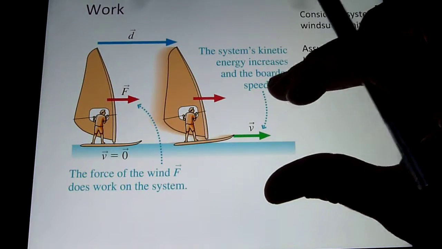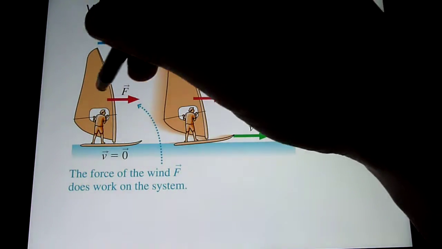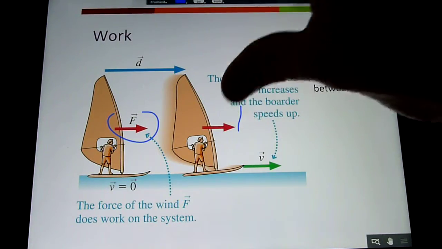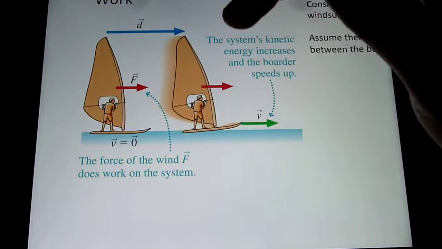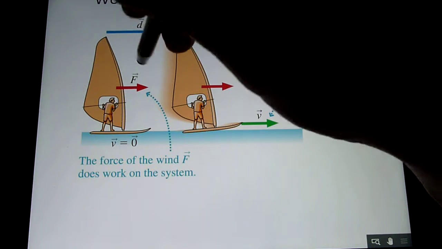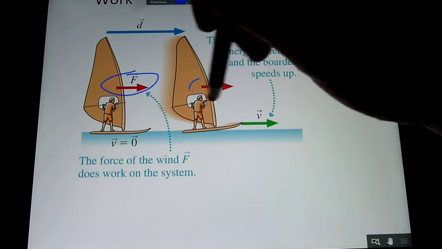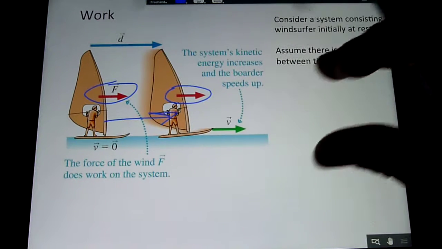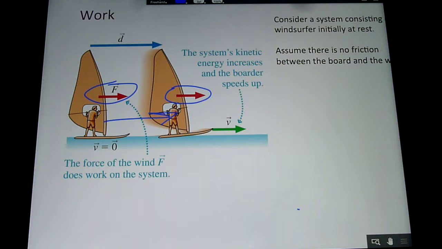Now, why did their energy change? Well, because this F represents the force of the wind pushing on them, right? That's what F represents. That wind is pushing on them. So as that force acts over a distance, right? I'm pushing here and I keep pushing over the entire distance that we move. As that force pushes on them, we know that their energy is going to increase because I'm pushing on them.